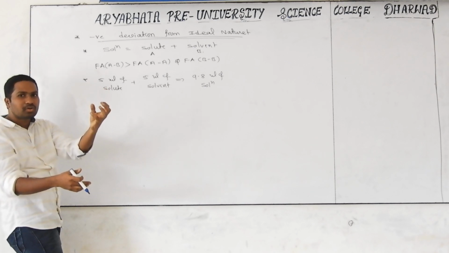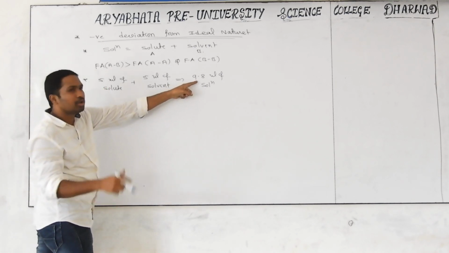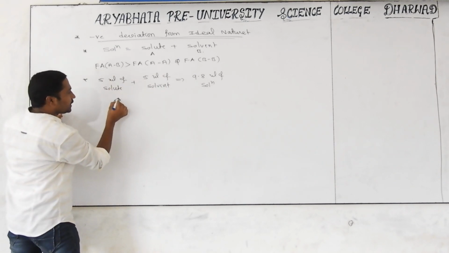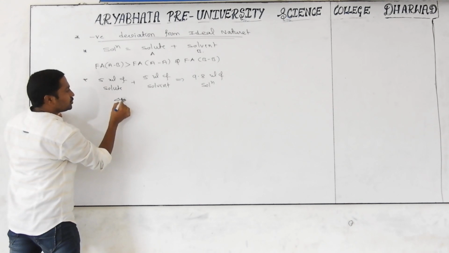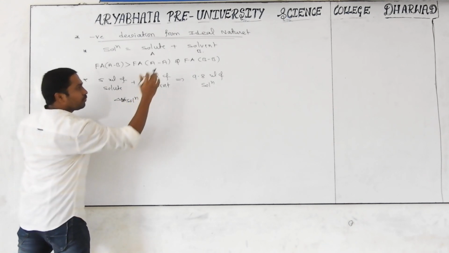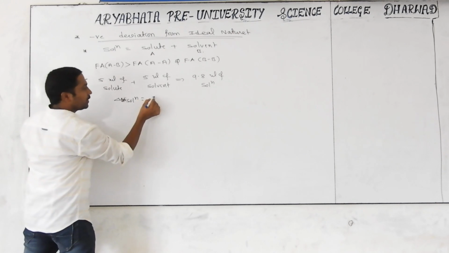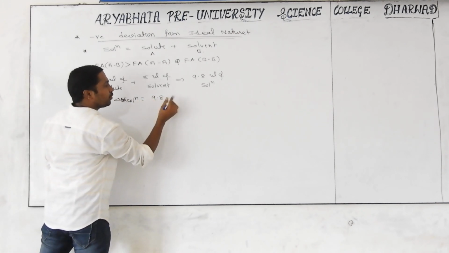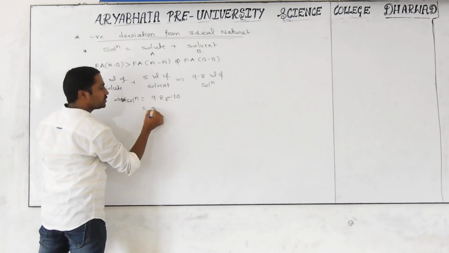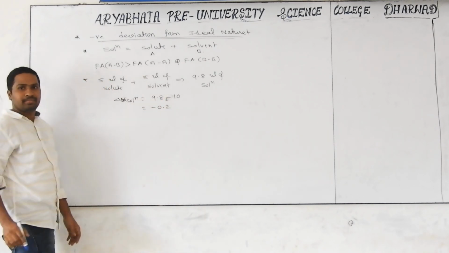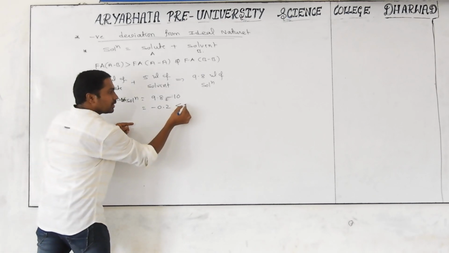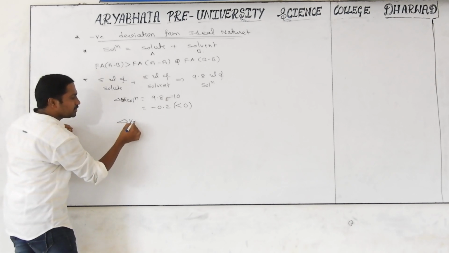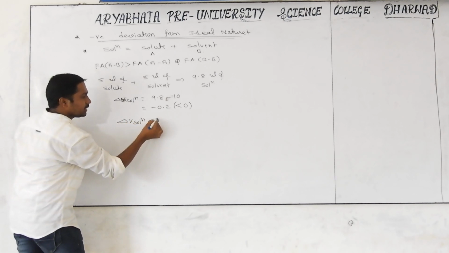Automatically the molecules are closely packed, so the resultant volume is lesser than the sum of the components. The change in volume is final minus initial: 9.8 minus 10 is minus 0.2 ml, which is less than 0. That's why for a negative deviation solution, the change in volume is less than 0.